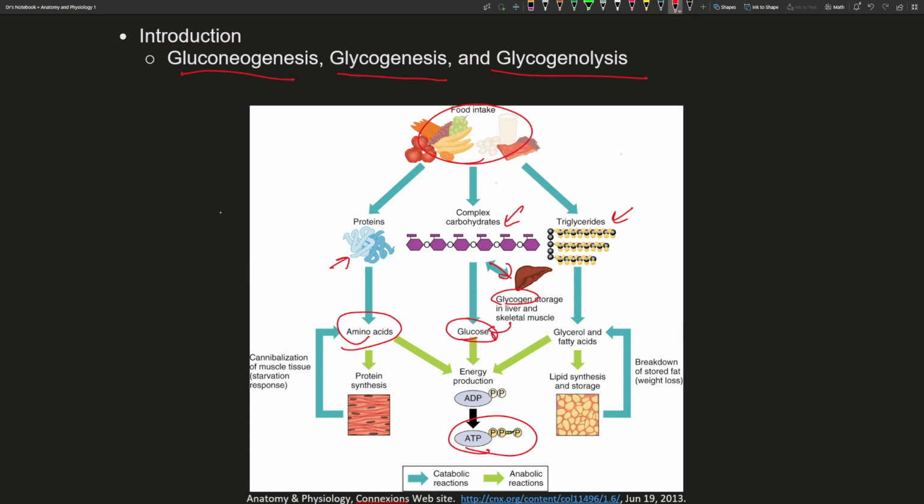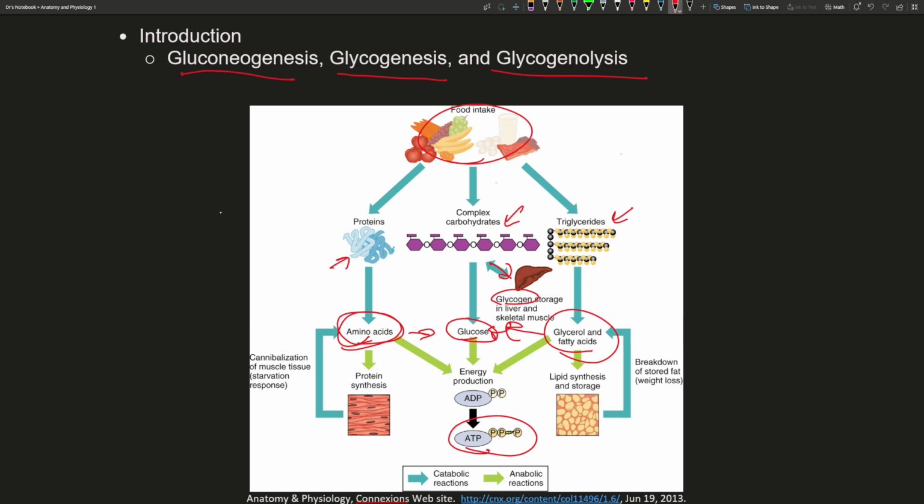Gluconeogenesis is where if you don't have enough glucose, so something like the ketone diet, people who do the ketone diet are limiting themselves carbohydrates, glucose. And in that case, their body is taking amino acids, proteins, fatty acids, and converting them into glucose. That's called gluconeogenesis.